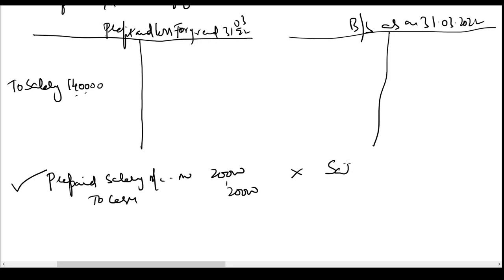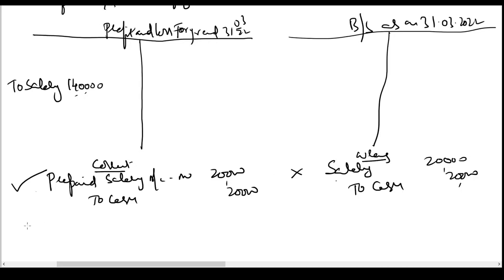Instead of debiting it to prepaid salary, we have debited it to salary. Salary account debit to cash 20,000. This is the entry we should have passed. This is the entry we have actually passed. I'll write here: correct entry which should have been passed, wrong entry which has already been passed.